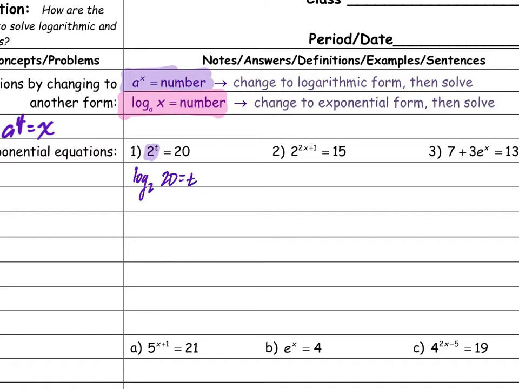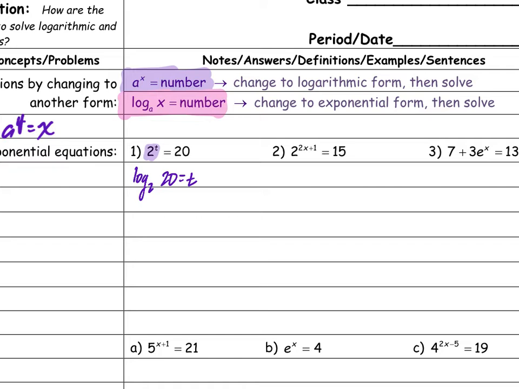Very simple. Now I can put it into my calculator, and more than likely, you're going to get a decimal for this. And we're going to round it to 4 decimal places. That's 4 numbers after the decimal. Regardless of how many are before the decimal, we want 4 numbers after the decimal.